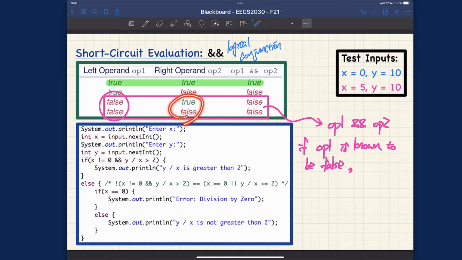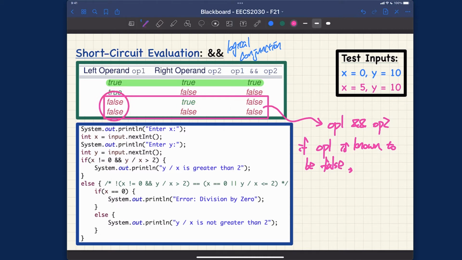Apparently it doesn't. When the first operand is already false, the second operand can be either true or false. Overall the result will just be false, because at least one of the operands is already false.